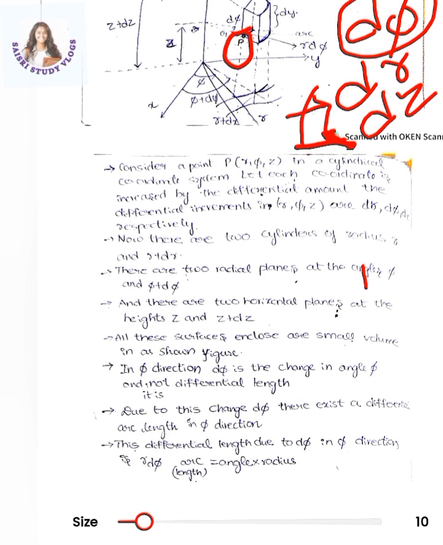What is the differential change? r is changed to r plus dr, phi is changed to phi plus d phi, and the height is changed to z plus dz. These are the three changes that have occurred.